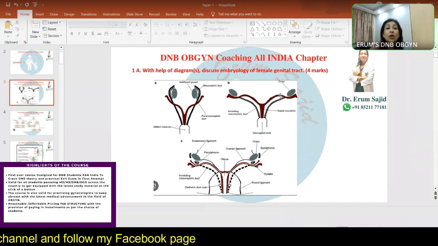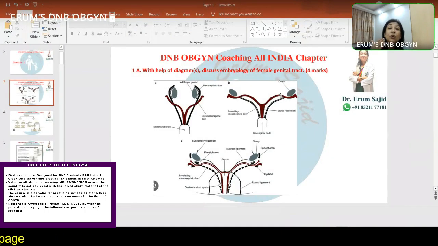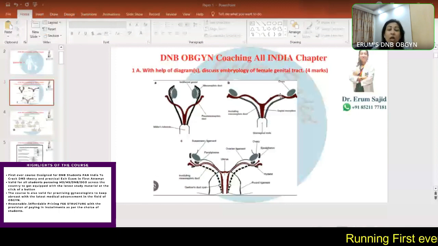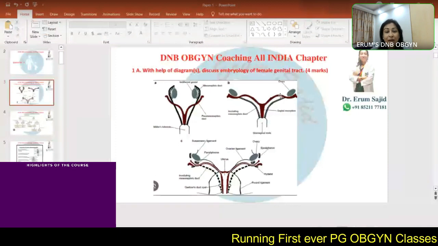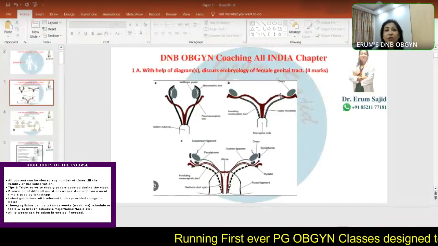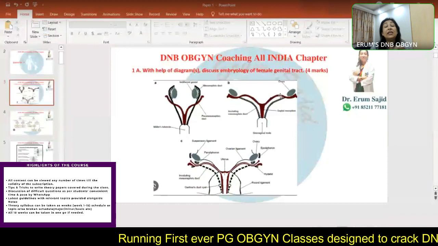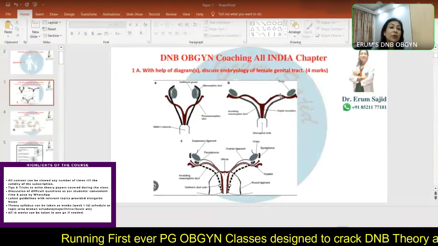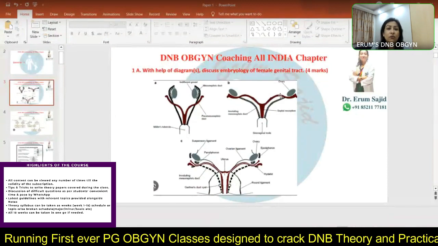At the same time, you do not need embryology in detail of the CNS, the heart or the lungs, but a lot of stress is given on the embryology of the genitourinary tract, which I have taken in detail. So I've clubbed CNS, CVS and respiratory all together in one lecture, but I've taken one lecture in detail on the genitourinary tract, because that is asked very often.